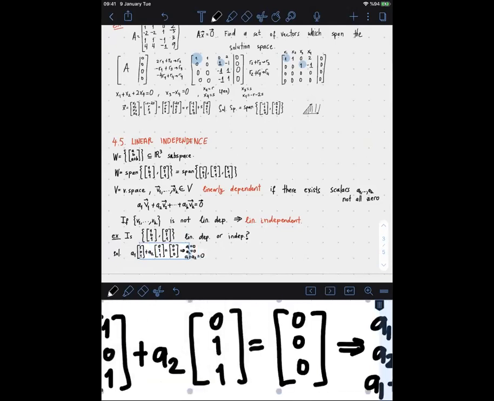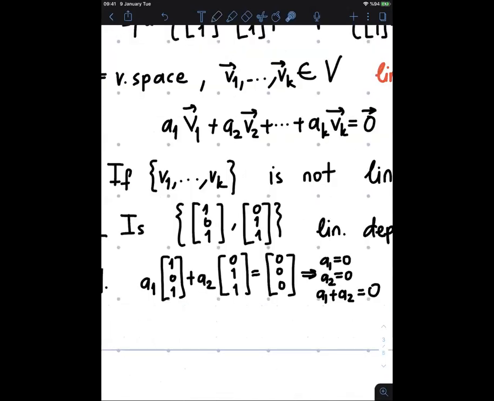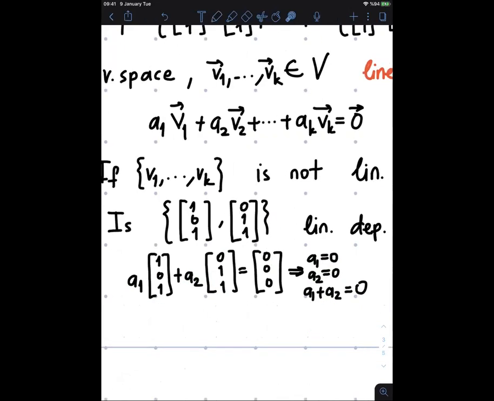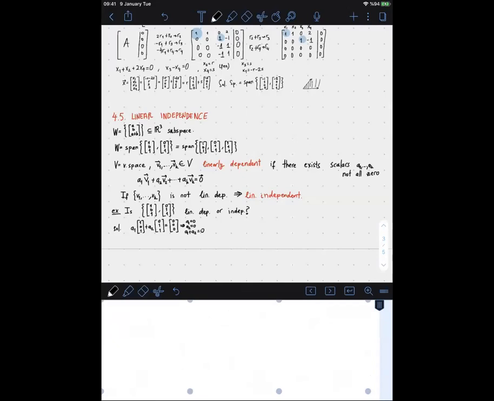So a1 is 0, a2 is 0, and a1 plus a2 is 0. So what is the solution of this system? There's only one solution to this system, which is a1 and a2 being 0.